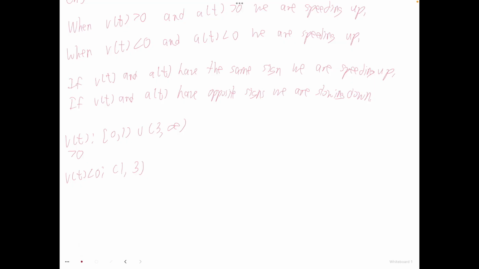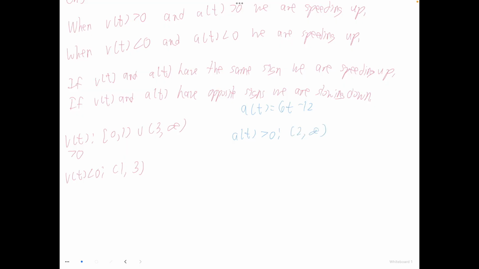Now we want to do the same thing for a of t. Now a of t, remember, was just equal to 6t minus 12. And so a of t will be greater than 0 when 6t minus 12 is greater than 0. So that's going to be when t is greater than 2.